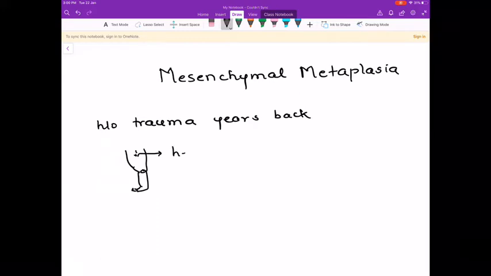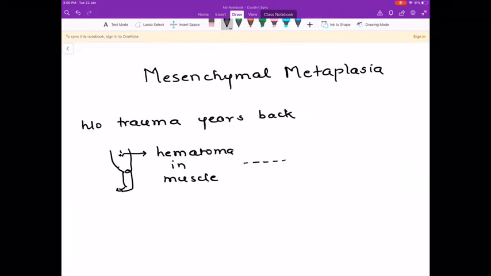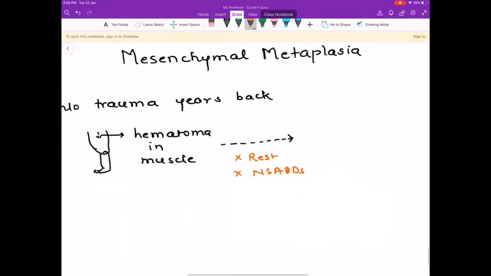In that particular part, the patient had a hematoma, but he didn't take rest, he didn't take NSAID, and because of that the hematoma was there for a long time. So no rest and no NSAID is associated with the formation of mesenchymal metaplasia. This hematoma is causing chronic inflammation.